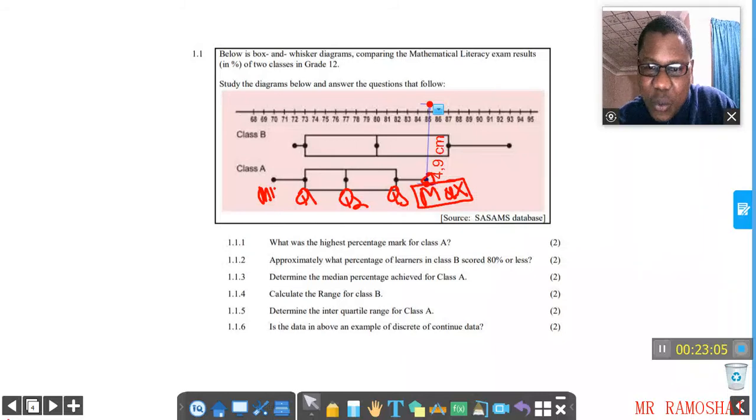You see that, guys? So we can see that our highest value of class A was 85%.